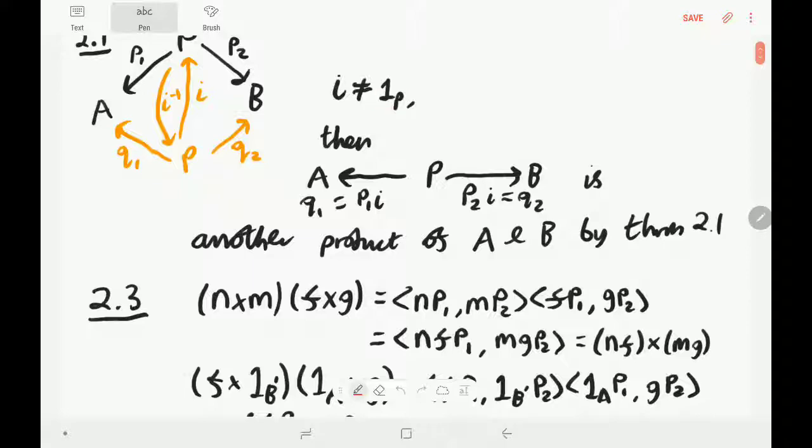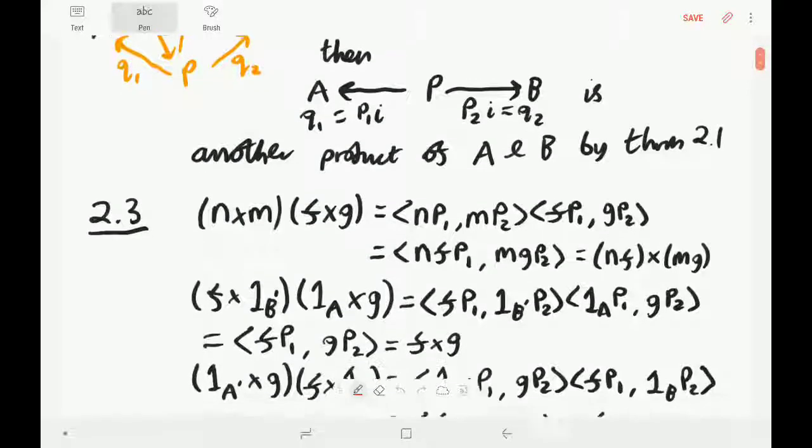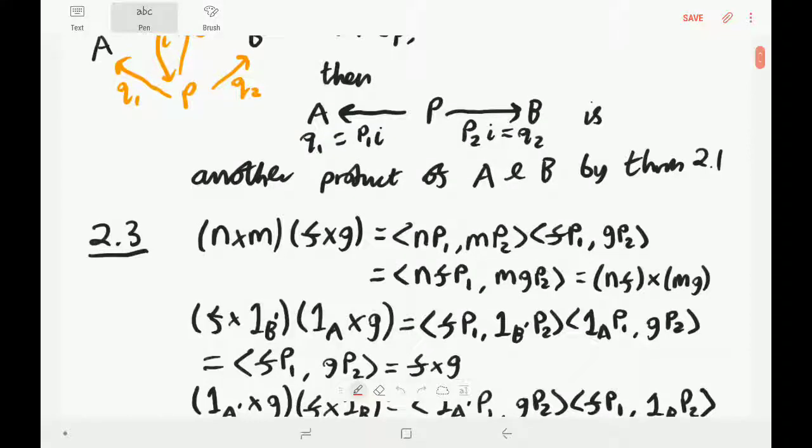Okay, so next one, let's do exercise 2.3, and that's basically just to show a couple of equalities, particularly n times m after f times g is nf times mg, and we can see that just by expanding out what these multiplications of arrows are in this angle bracket notation, and just grinding it out, and we get the appropriate result.